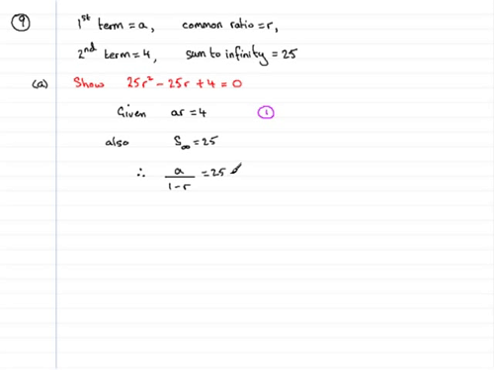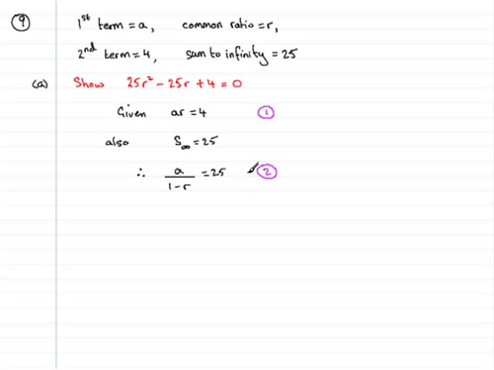I'm going to call that equation 2. Now, when I've got to prove this result, what I notice is that there's not an a in it. And so that does seem to suggest that I need to eliminate a between these two equations, 1 and 2.